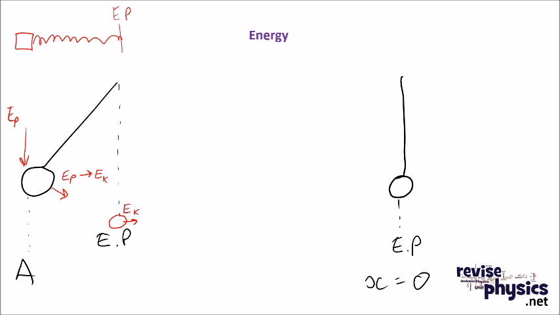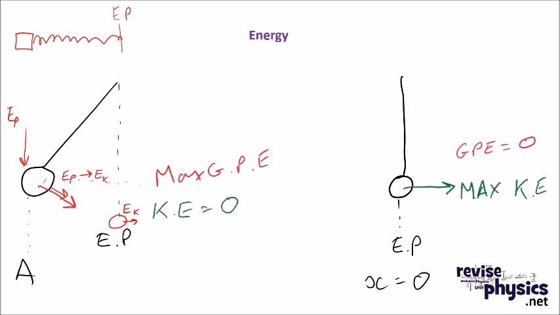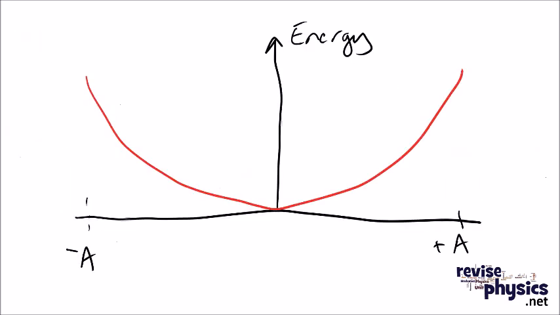So at the equilibrium position, its kinetic energy is going to be maximum. This means that the total energy in the system is equal to either the maximum kinetic energy or the maximum potential energy.